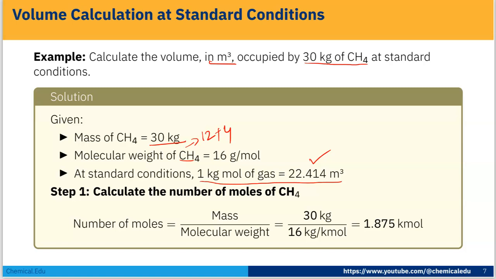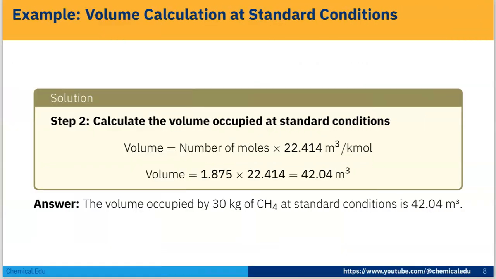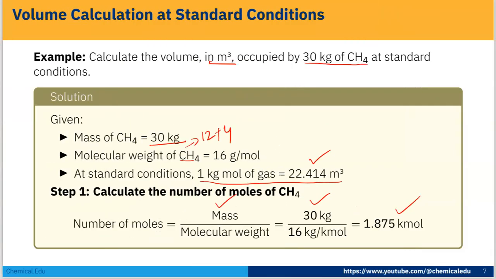First, number of moles, so mass by molecular weight. So 30 kg is the mass of methane and 16 is the molecular weight. So from here, 1.875 kilomole is the CH4. Now after getting that, calculate the volume occupied at the standard condition. So we know that 1 kilomole of gas occupies 22.414 meter cube.